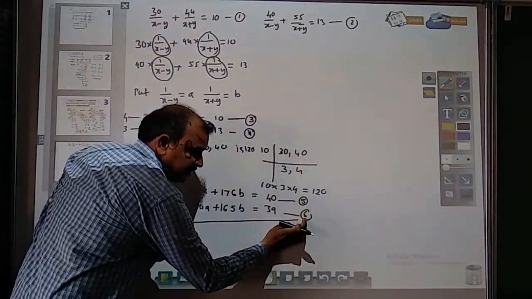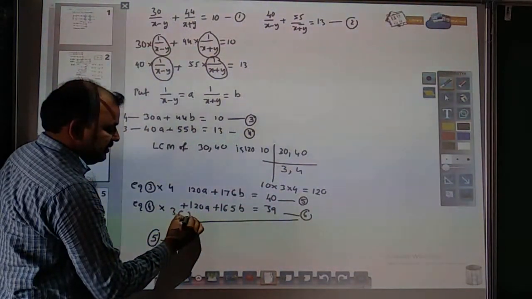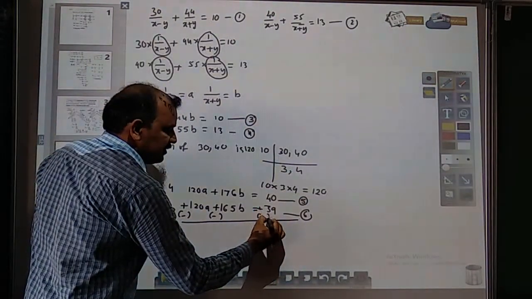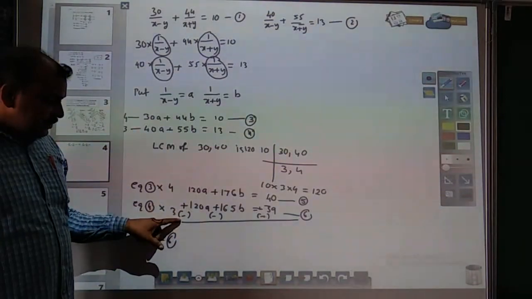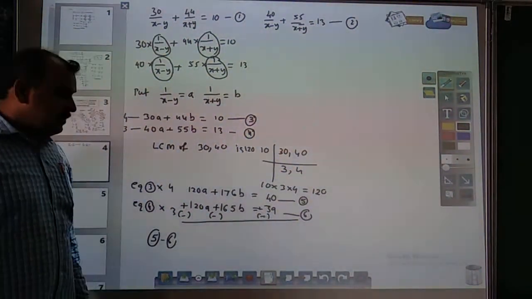So in equation 6, every term sign will be changed. Plus sign changes to minus. This plus sign changes to minus. The two signs are there. This is the original sign, so let us consider these bracket signs only.